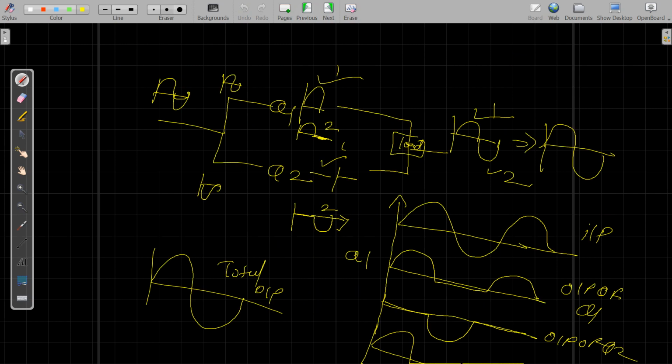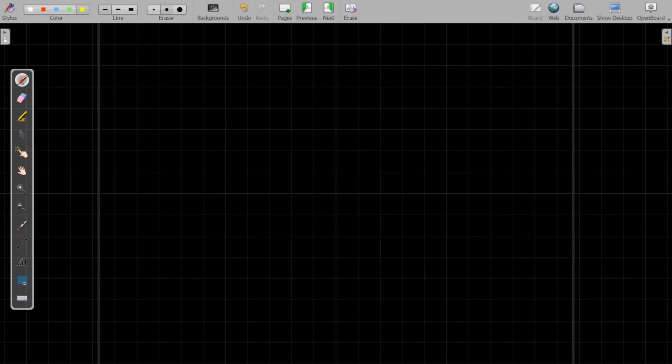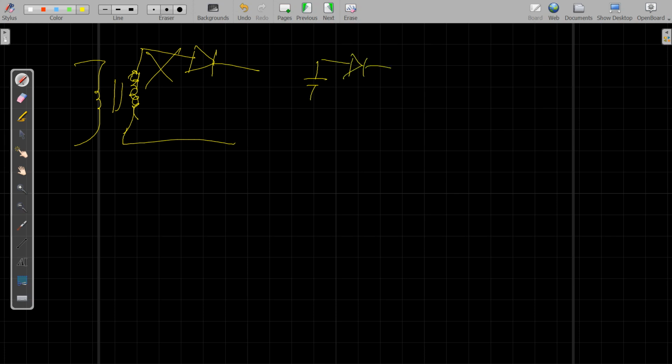If you remember the rectifier, if you apply a diode with some voltage, this is the input and this is what my output is.